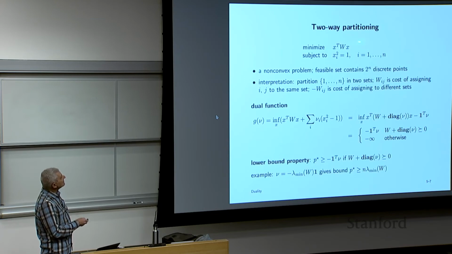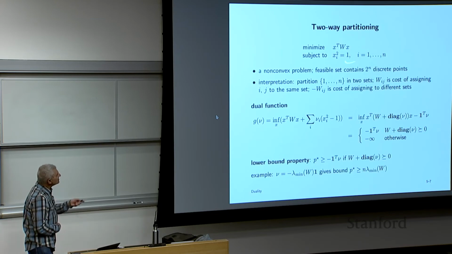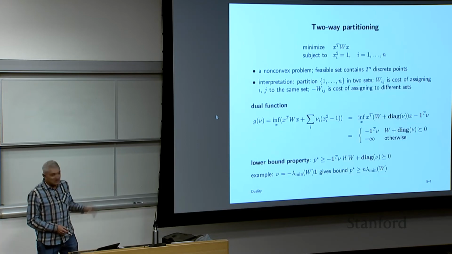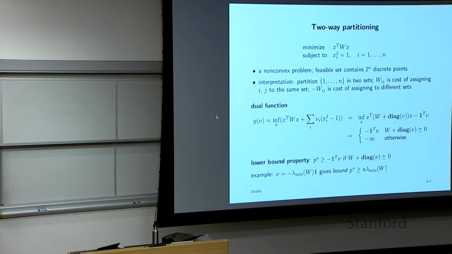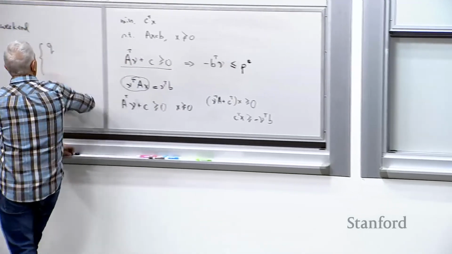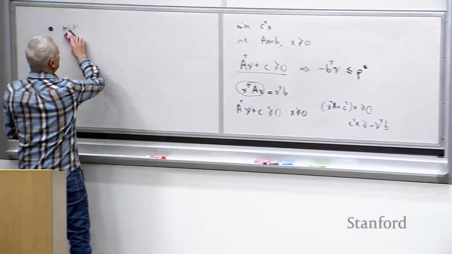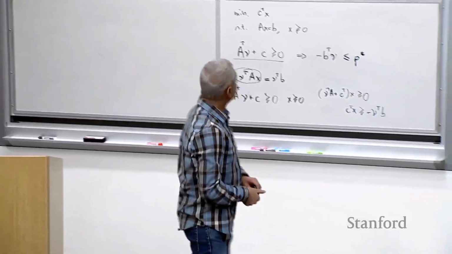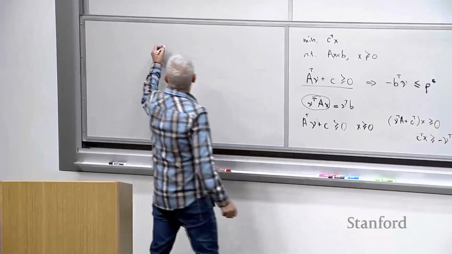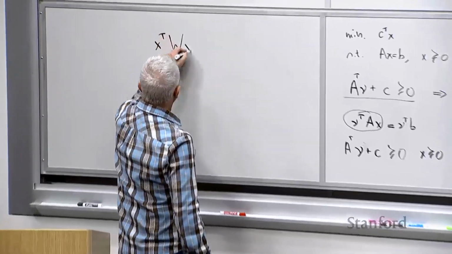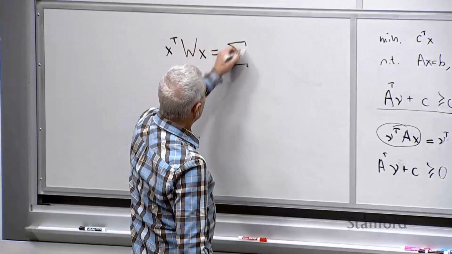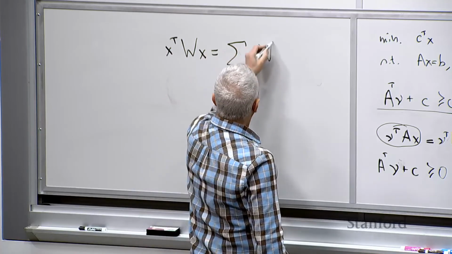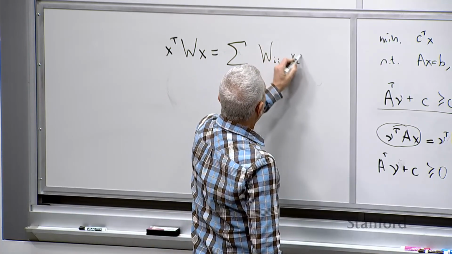And then my objective is this thing. And to get a rough idea, we should actually say what x transpose Wx is. It's an interesting problem, and maybe you've seen it in some other class, but it's worth saying what it is. So it's x transpose Wx, but that's equal to the sum over i and j of wij xi xj.